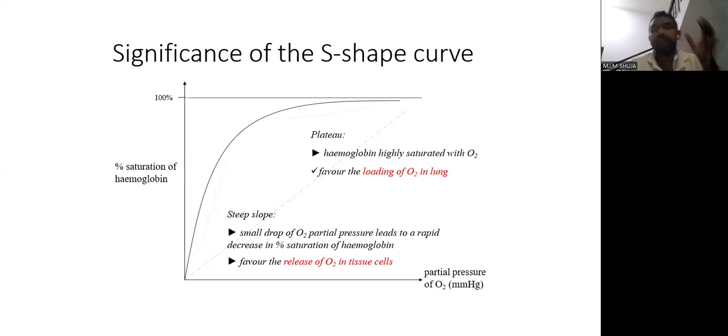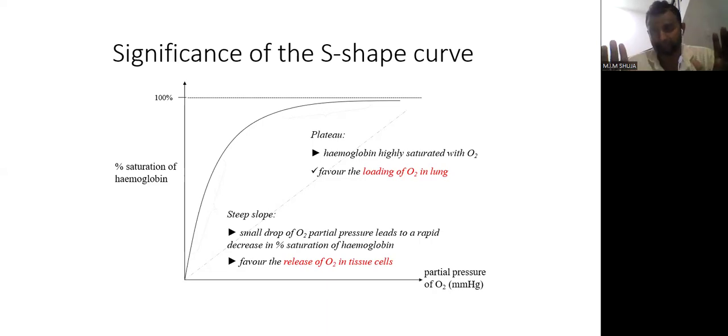So at the lung level, the hemoglobin goes and attracts more oxygen. It should catch more oxygen. Then it goes to the tissue level and it will give oxygen. That should be the normal way, right?